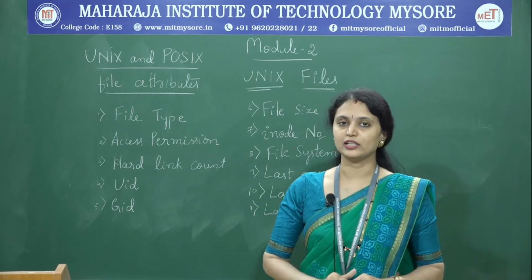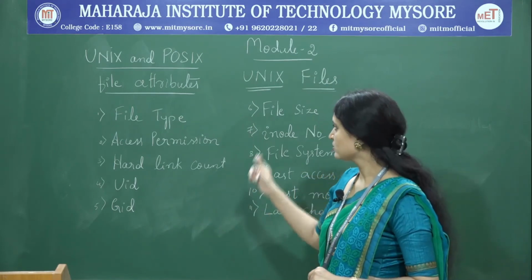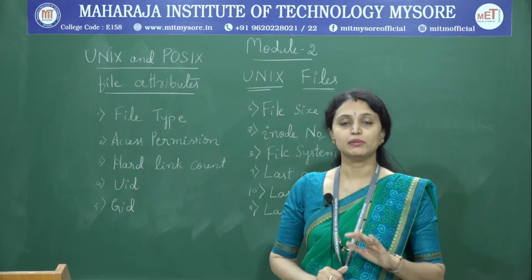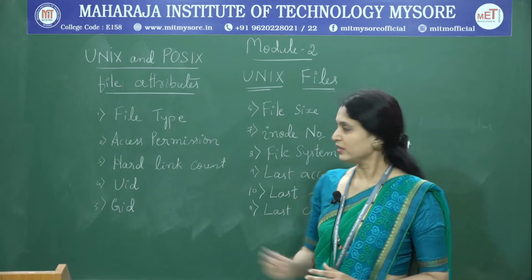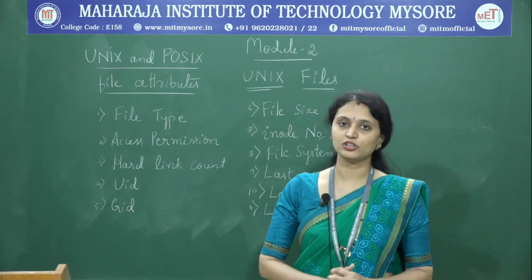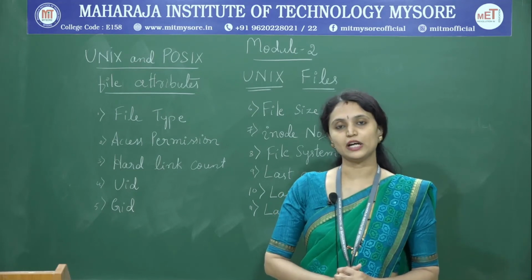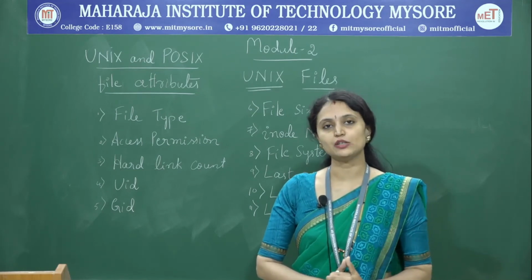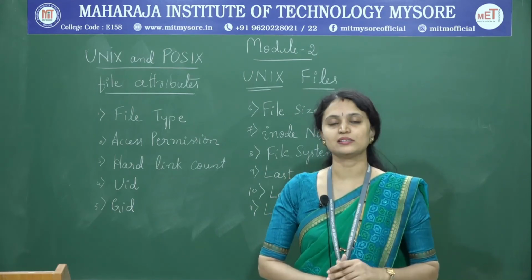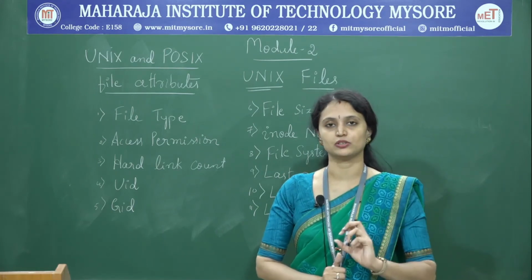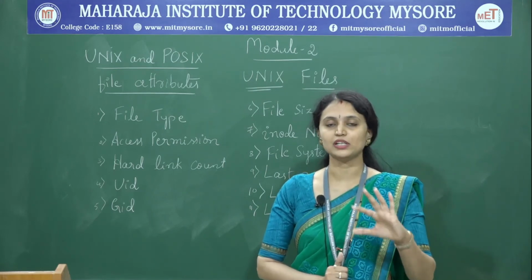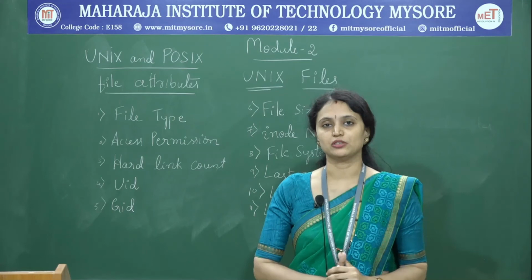Whenever a file is created, the file along with this attribute information will be stored in the kernel. Many of the attributes remain constant, and many will be changed depending on different system calls or commands. A system call is nothing but a built-in function. The execution of a system call is nothing but the execution of that built-in function.